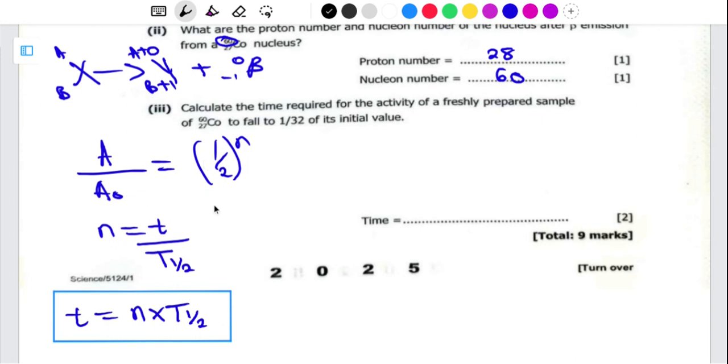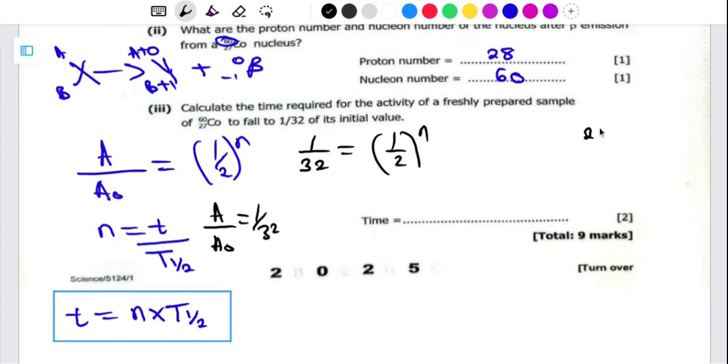The original mass divided by the initial mass, we have 1 over 32, and this is equal to 1 over 2 to the power n. We can convert 32 into 2 to the power 5, so 2 to the power 5 is the same as 32.